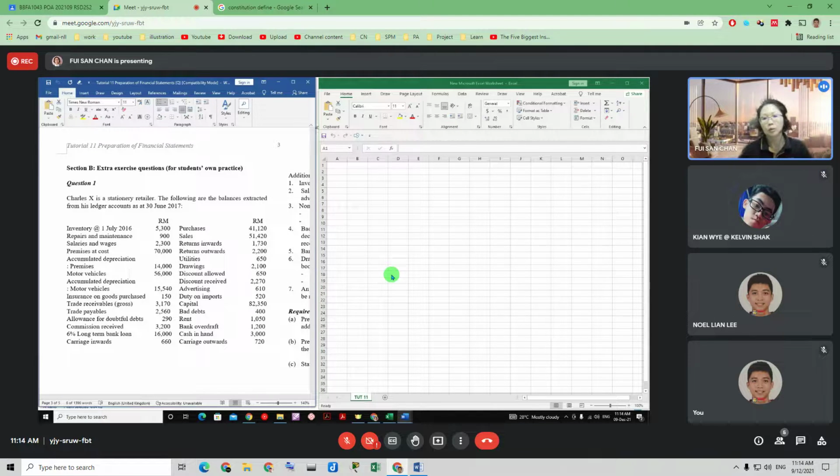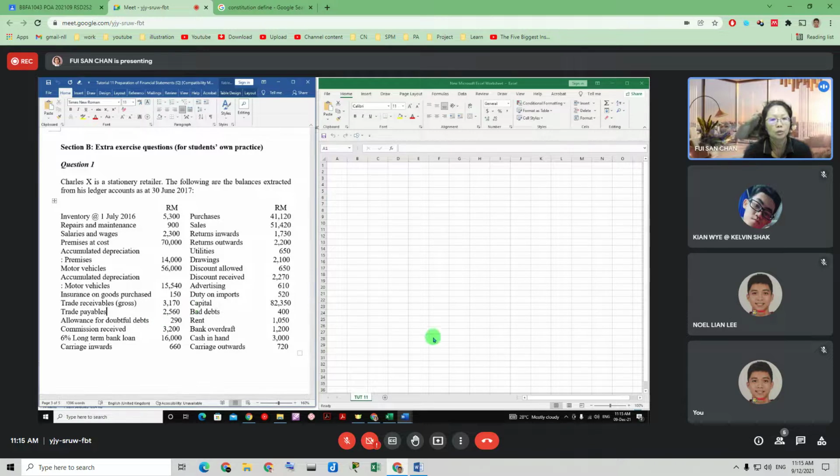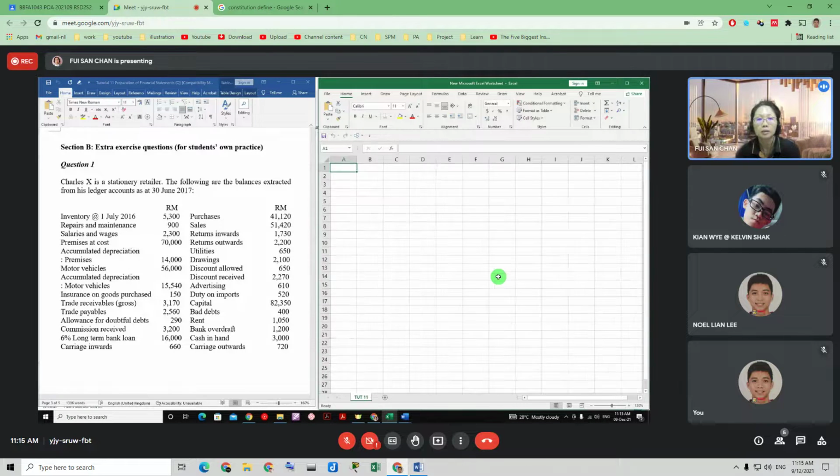If I open two files, like now you can see one is Word, one is Excel, I can see both quite big. So I'm quite used to the home one rather than the office one. Okay, so let me make this bigger.